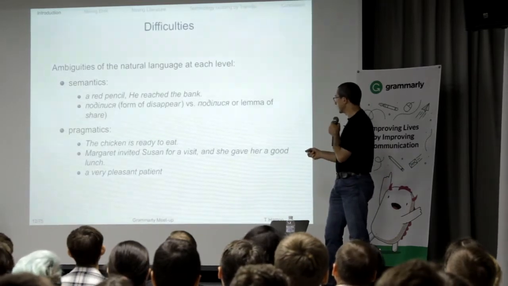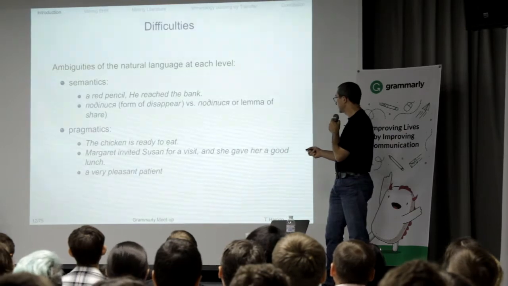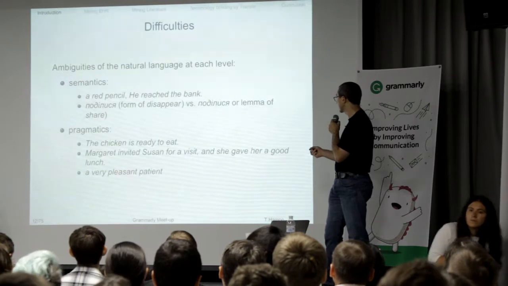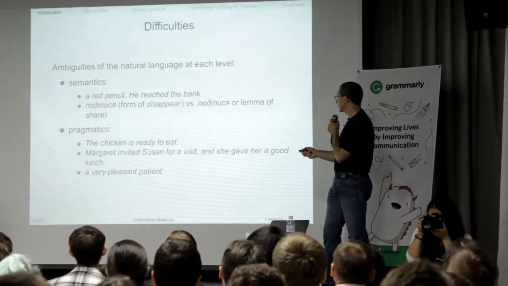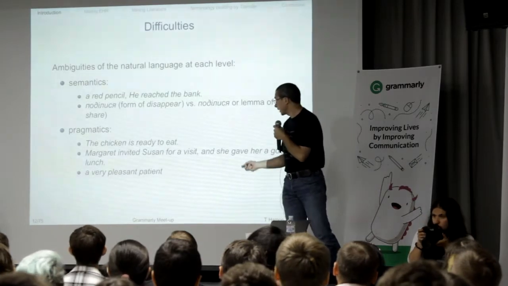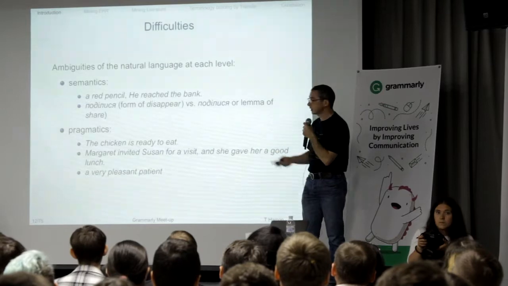And also, if you see this sentence, you don't know if she refers to Susan or to Margaret, and also her referring to Margaret or Susan. And you can also find such ambiguity in text.